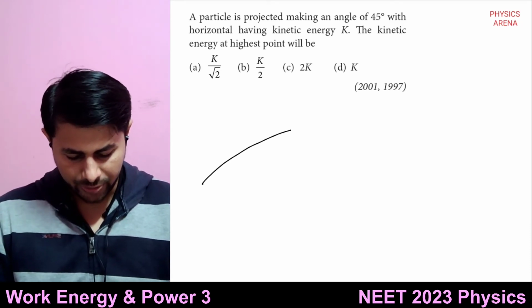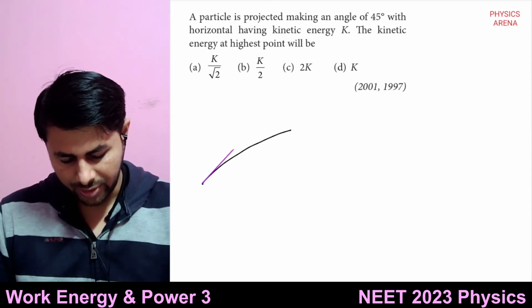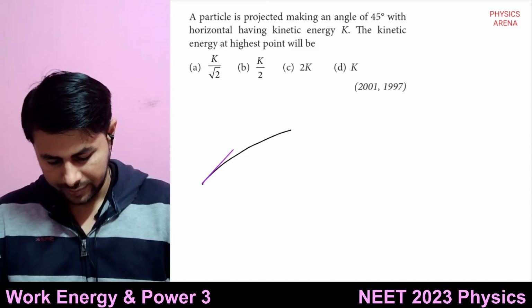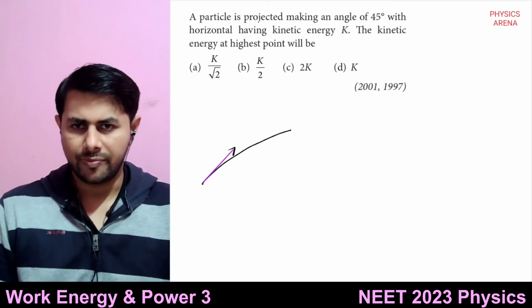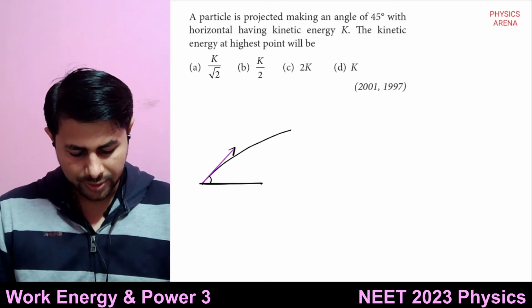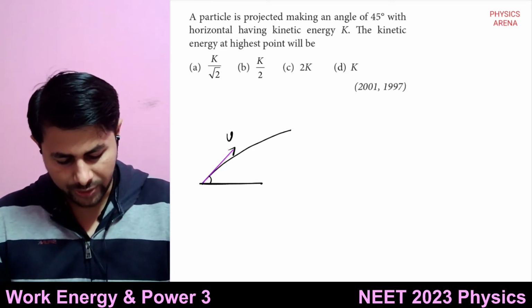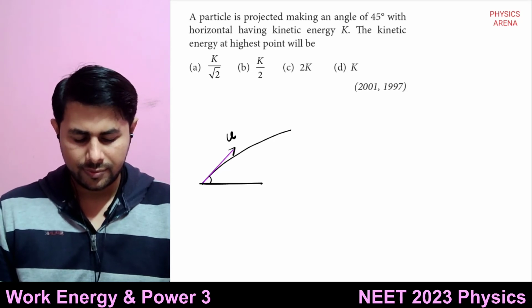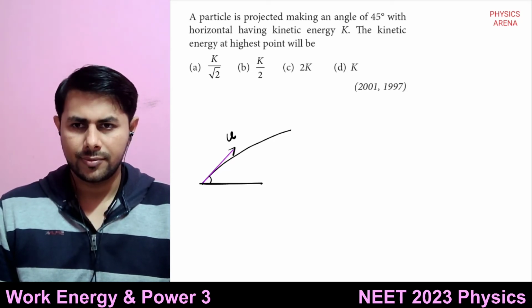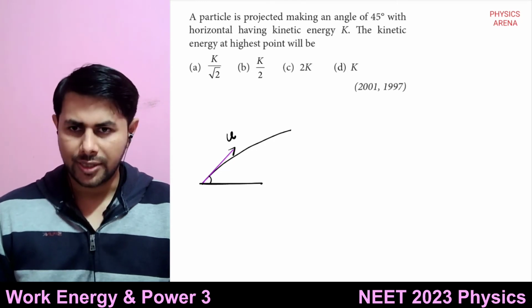So it is projected making an angle 45 degrees with the horizontal. So how much would be its x component and y component of velocity? u cos theta, u sin theta, right?